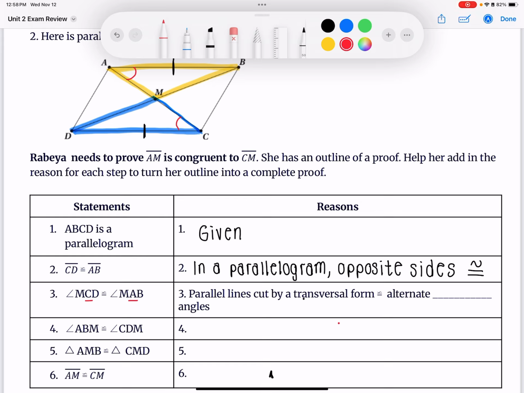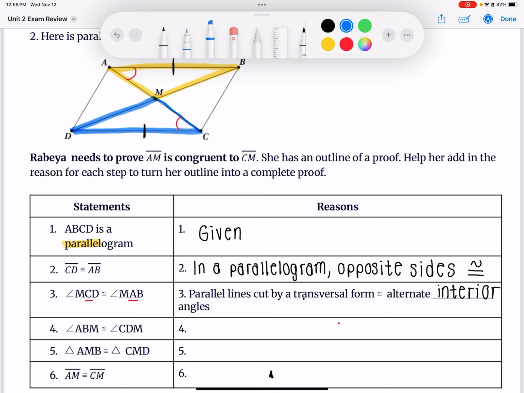And the reason for this is because parallel lines cut by a transversal form congruent alternate interior angles. And we know that we have parallel lines because we're dealing with a parallelogram, and the word parallel is in parallelogram.